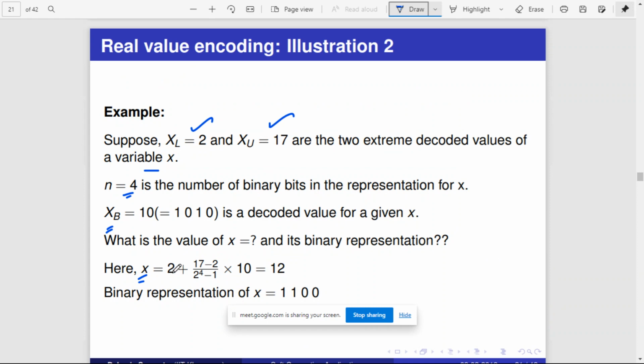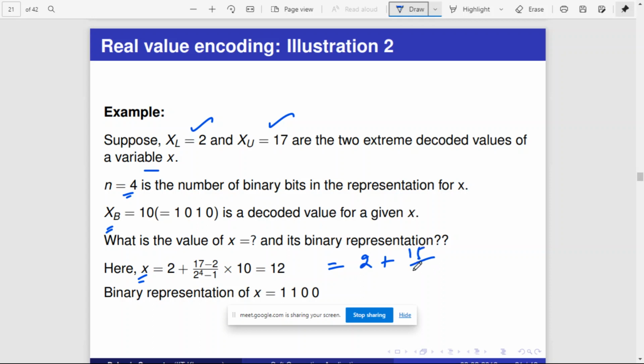Here xl is 2, xu is 17, so 17 minus 2, n is 4, so 2 to the power 4 minus 1, into xb, which is 10, right? If you solve this equation, 17 minus 2 is 15. 2 to the power 4 minus 1 is 15.